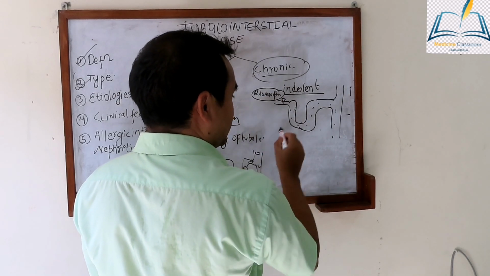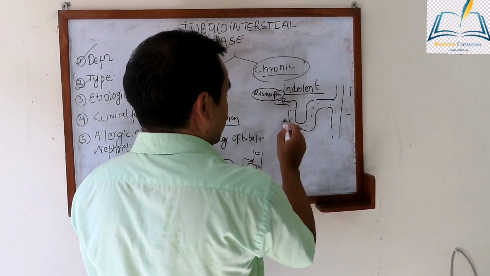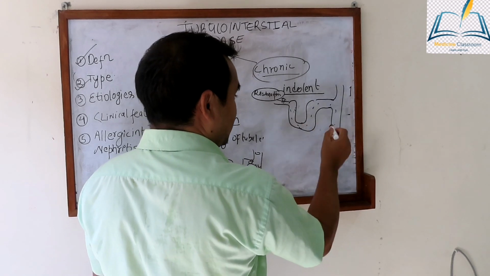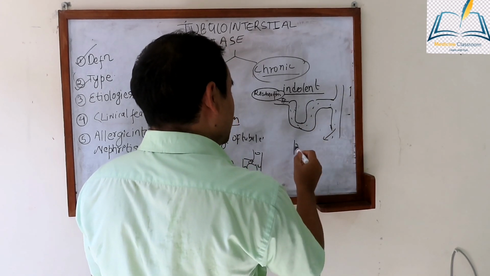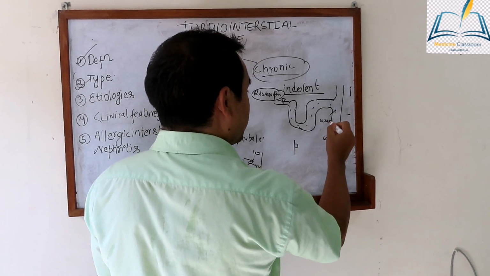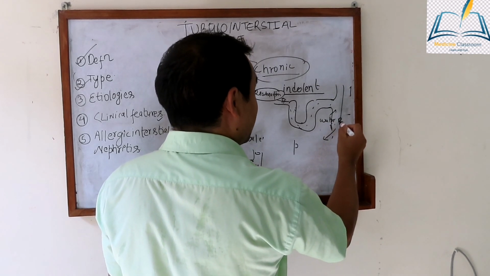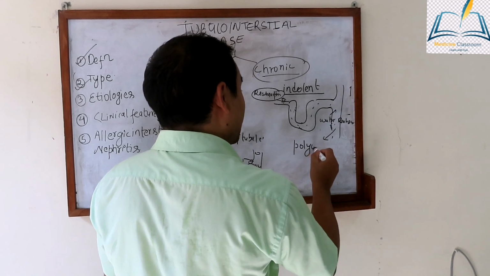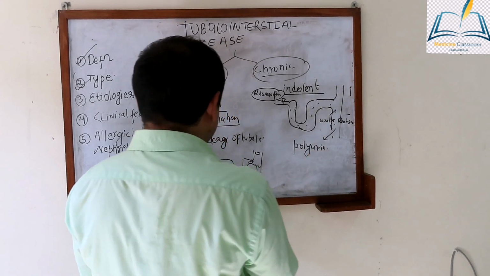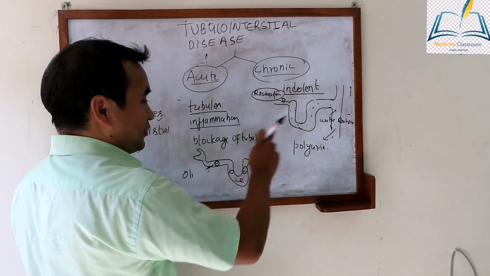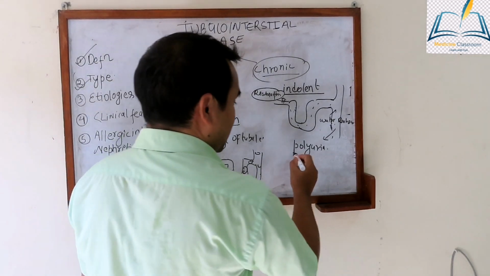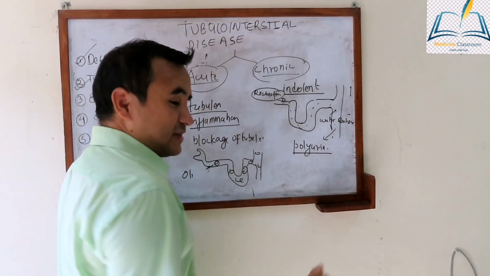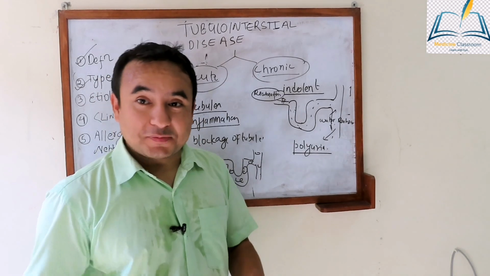There might also be a problem in water reabsorption at the collecting duct, so there can be polyuria. In acute there is oliguria; in chronic there can mostly be polyuria, because there is a defect in water reabsorption.